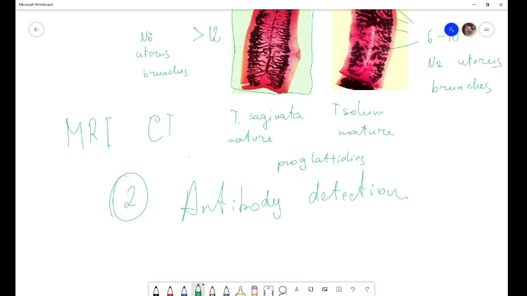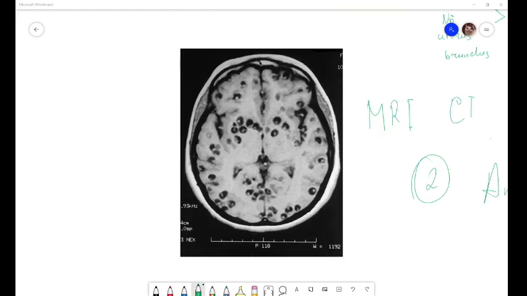Okay, and I'll show you how it looks in the brain when a human has neurocysticercosis.